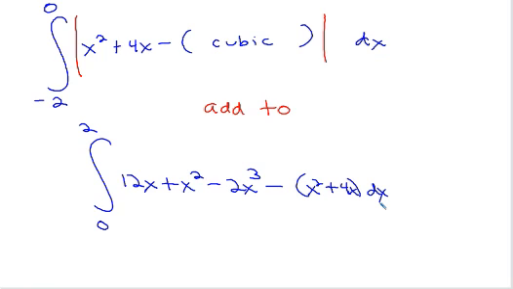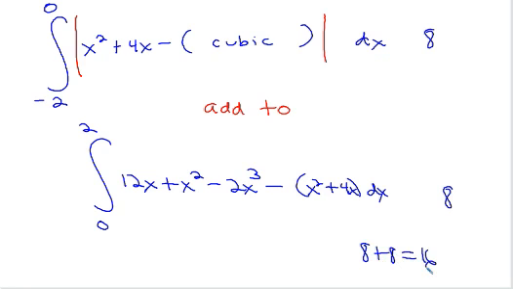This problem we could do algebraically, analytically, or with the graphing calculator. I'm just going to tell you that this winds up being 8, and this winds up being 8. And we get a total value of 16. Regardless of which way you do it, we're going to get 16.